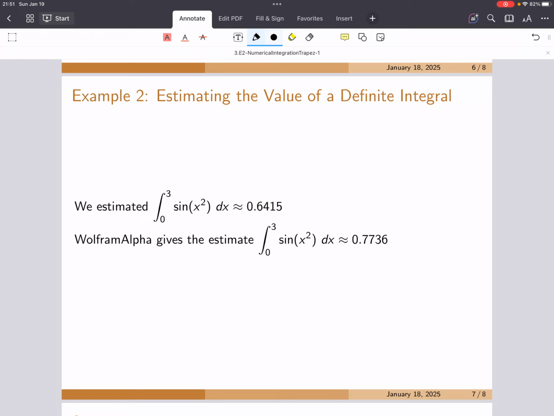So I bet that when you use n equal to 100 or 1,000 or something like that, you're going to get a number that is very, very close to what Wolfram Alpha gives as well. Okay, so the higher the value of n is, in general, the better your estimate is going to be, of course, as we have seen before with the left point rule and the right point rule.